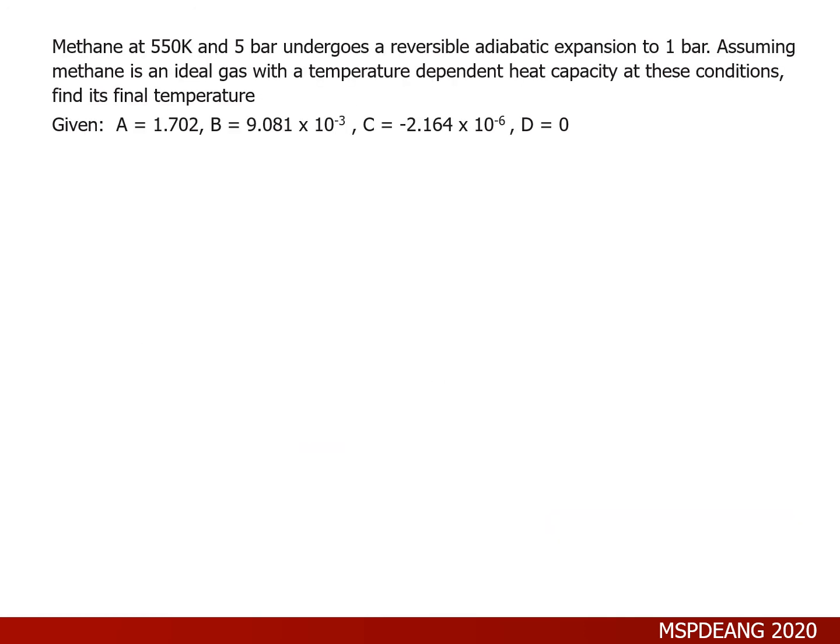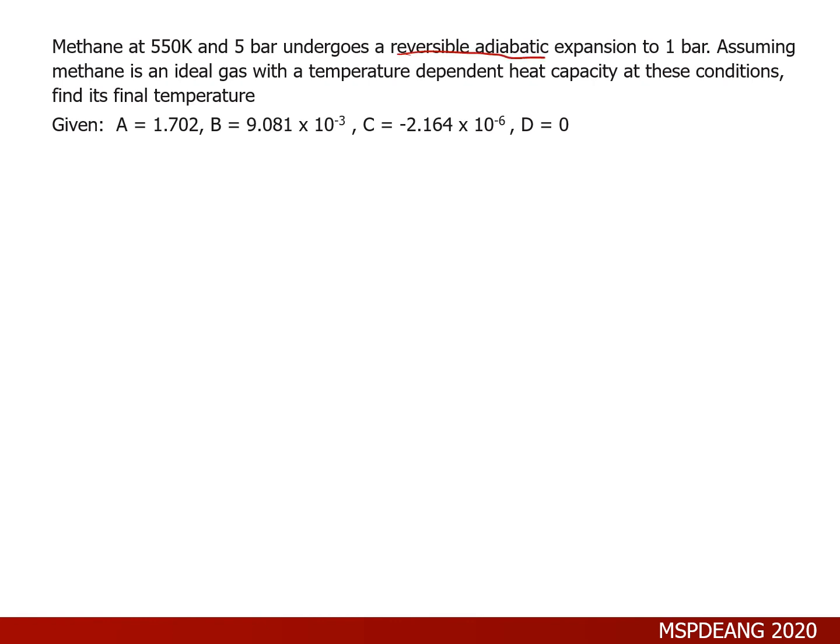Okay, let's now have the last example. We have the adiabatic reversible expansion of methane to 1 bar from 550 Kelvin and 5 bar. Assuming that methane is an ideal gas with a temperature-dependent heat capacity at these conditions, determine its final temperature. Okay, given na sa atin yung ideal gas heat capacity constants. Now, we have a reversible adiabatic process.